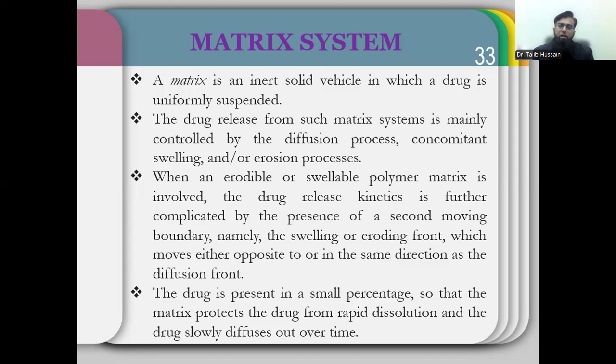As we have stated, diffusional systems have a polymeric material, a solid polymeric material, which is insoluble. So if it is insoluble, it can only release the drug depending upon its pore size. And if it is releasing depending on its pore size, it will be controlled by the diffusion process.